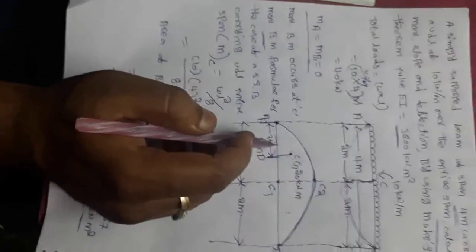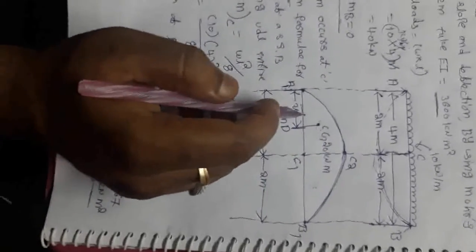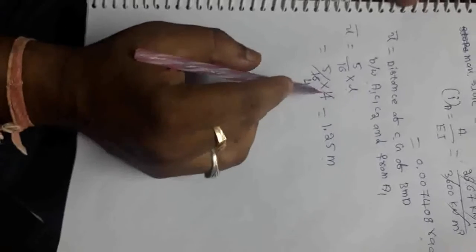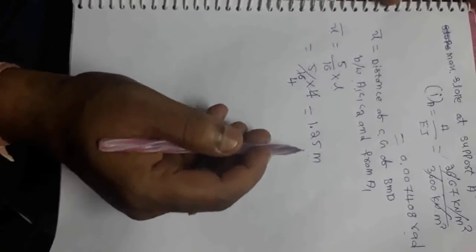The center of gravity formula of parabolic shape is 5 by 16 into L. Here L is 4, so 5 by 4 equal to 1.25 meters. Why? Because here length is in meters, so you get x bar in meters only. If you substitute length in mm, you get the answer in mm.